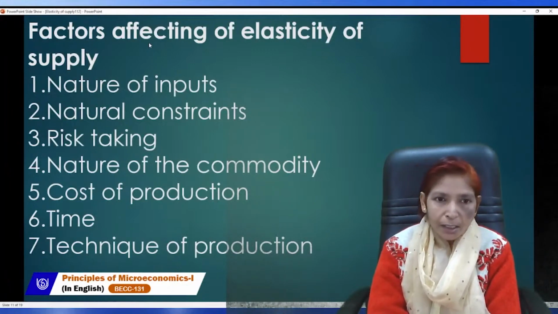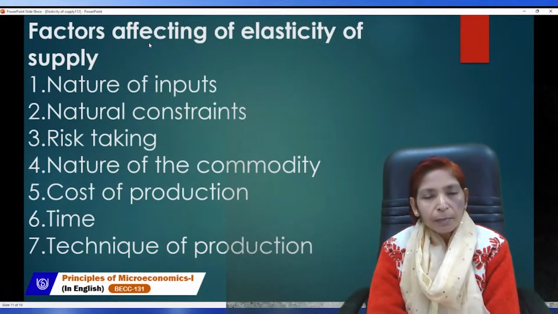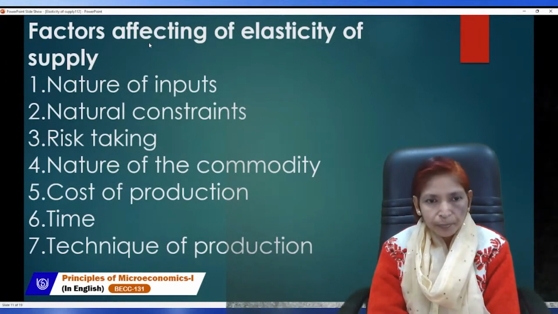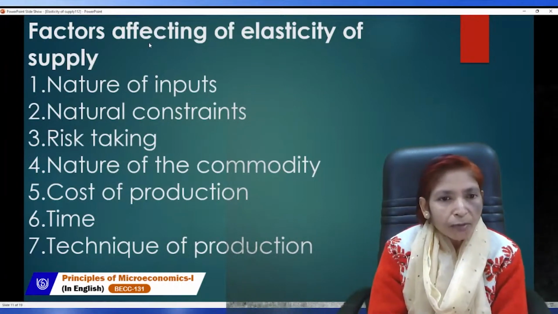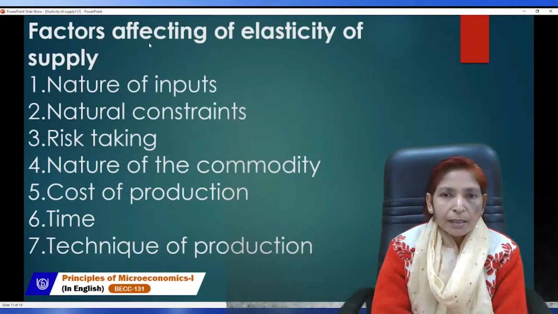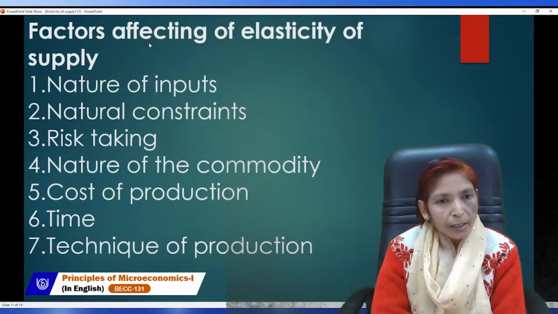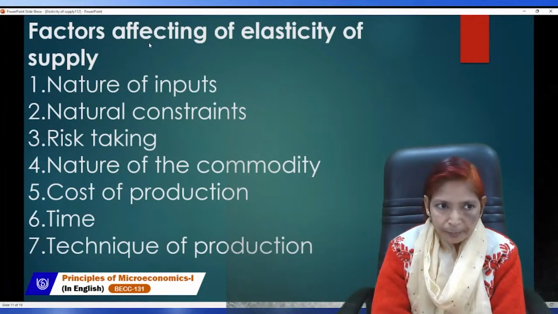And if any change in supply occurs, it represents that supply is elastic. So if inputs are easily available, then elasticity of supply will be higher or greater than unitary elastic.